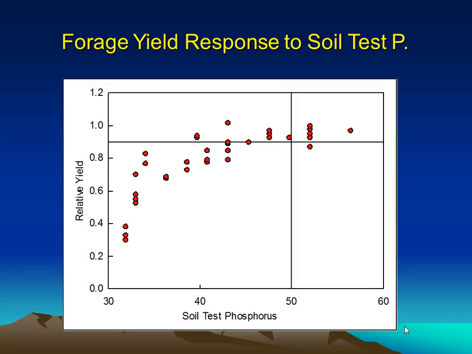Once we get into that high range, you're not going to get a response to fertilizer. Okay? If you're down in the low range, you're going to have a big response to phosphorus fertilizer. So if we're down in the low range, our yield is held about half of its potential just because the plant doesn't have enough phosphorus to run the system.